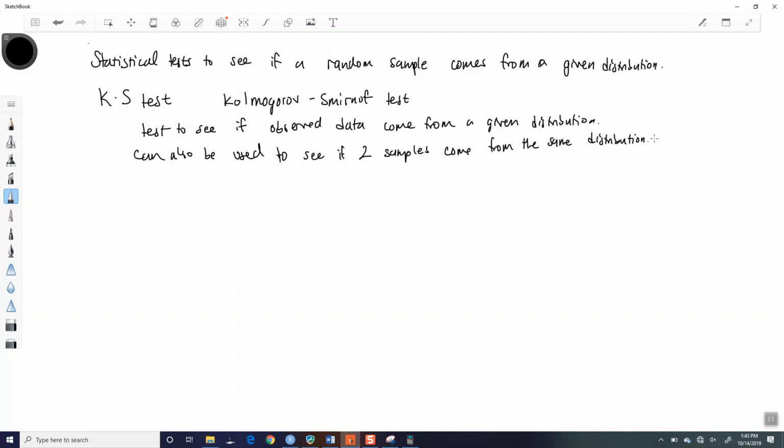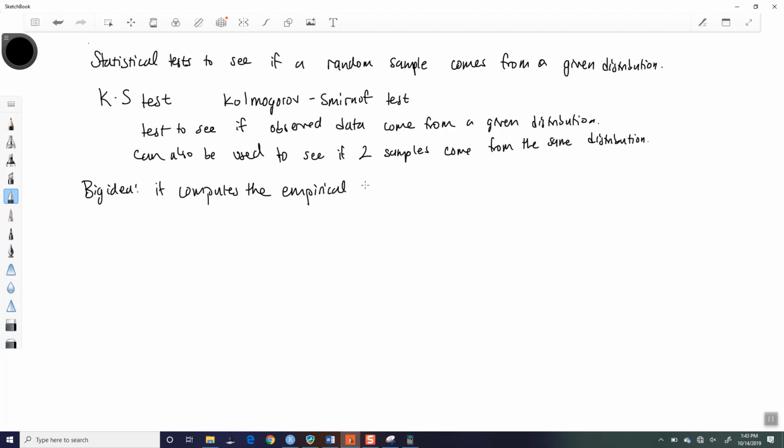Okay, and the way it works, all right, so I'll just write the big idea is that it computes, so you'll have to read some of the help files to see how to run the KS test in R, but I'm just going to tell you how it kind of works.